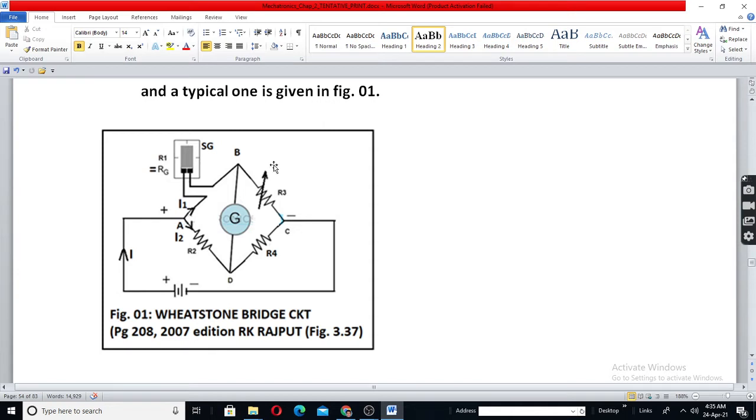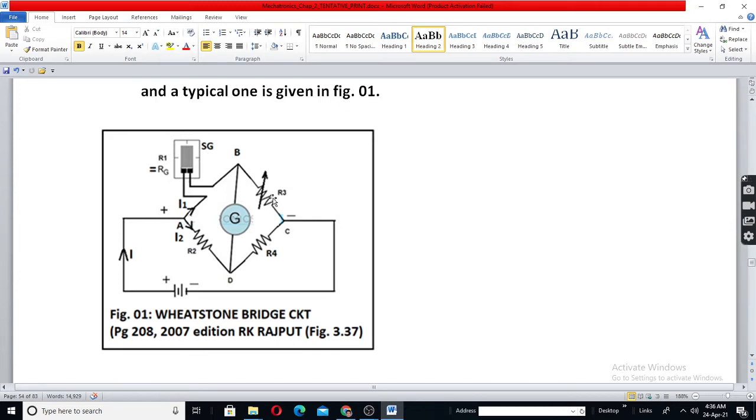By varying resistance, you make the deflection zero. Now this change in resistance value will give the change in the resistance of the gauge, which is proportional to the force. See, simple: initially, the bridge will be in the balanced condition.